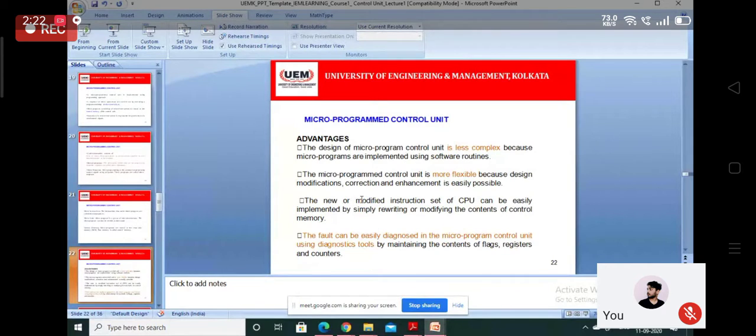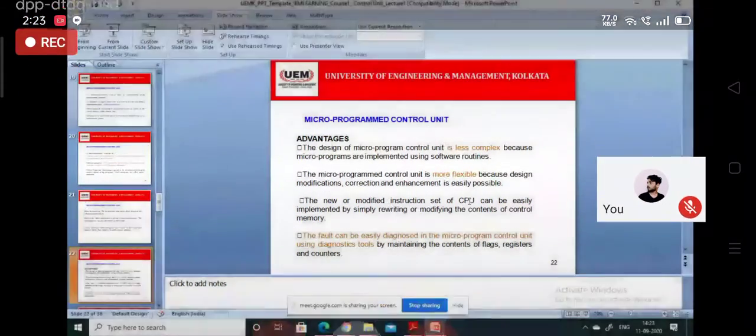But basically, CS is not applicable if you do not have any hardware from that point of view. The new or modified instruction set of the CPU can be easily implemented by rewriting and modifying the content. So modification can be done easily, and it is flexible in that sense.